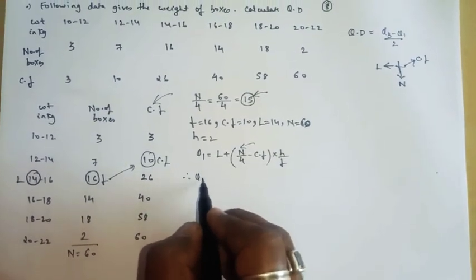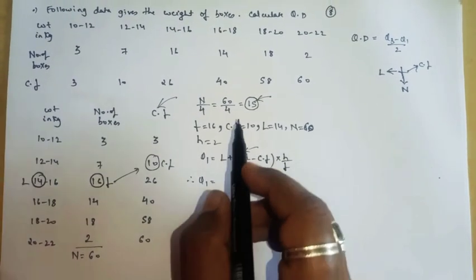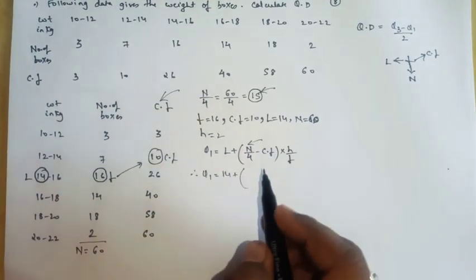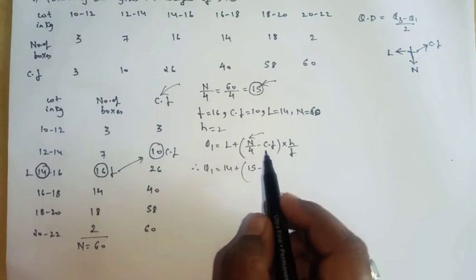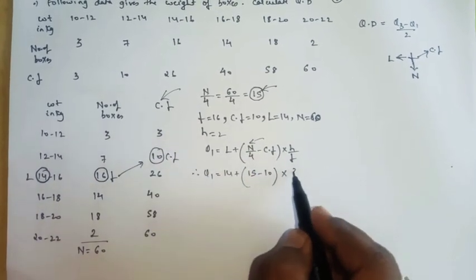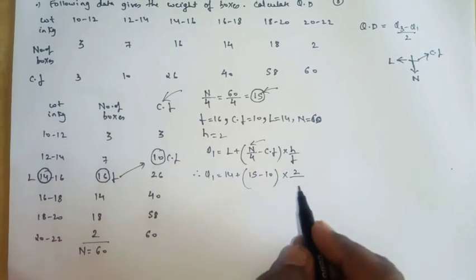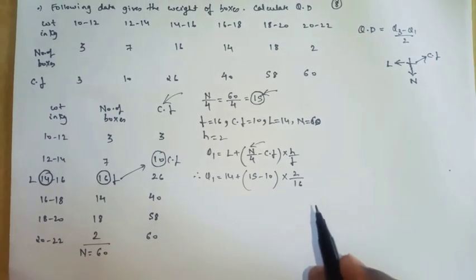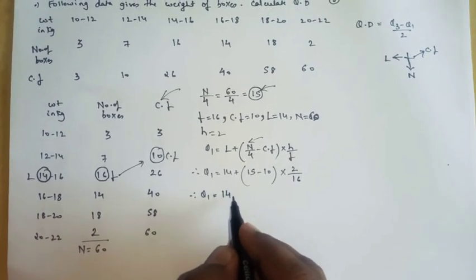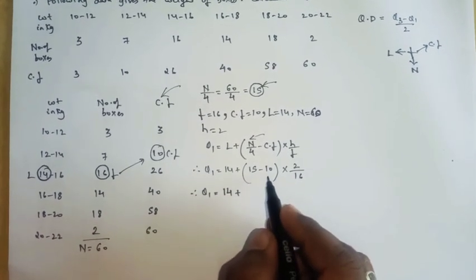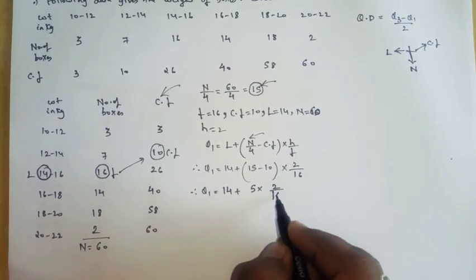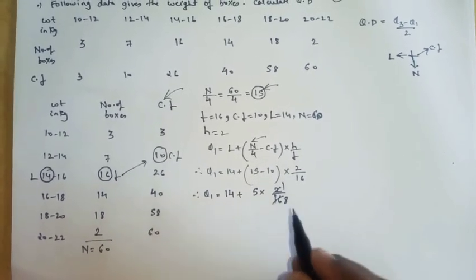Now simply substitute the values. Here L is 14, N upon 4 is directly 15, CF is 10, H is 2, and the frequency is 16. We'll keep this 14 as it is. So 15 minus 10 gives 5 into 2 upon 16. 2 ones are 2, 2 eights are 16.